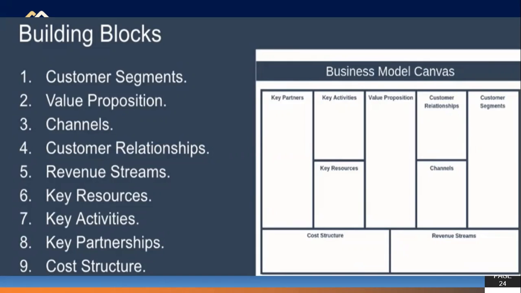This builds customer relationship, which we fill in fourth. Then we fill in the revenue streams, key resources, key activities, key partnerships, and the cost structure.